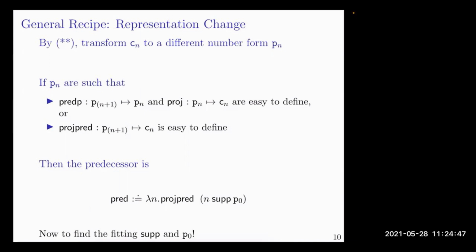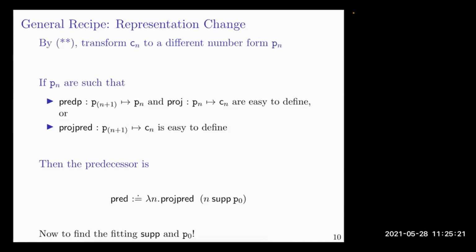So if those Pn happen to be such that the predecessor, the function that maps Pn plus 1 to the previous one, and the projection that projects Pn to the corresponding Cn are easy to define, or, on the other hand, if their composition that maps the n plus 1 P number to the nth church numeral is easy to define, then the predecessor is this expression written on the slide.